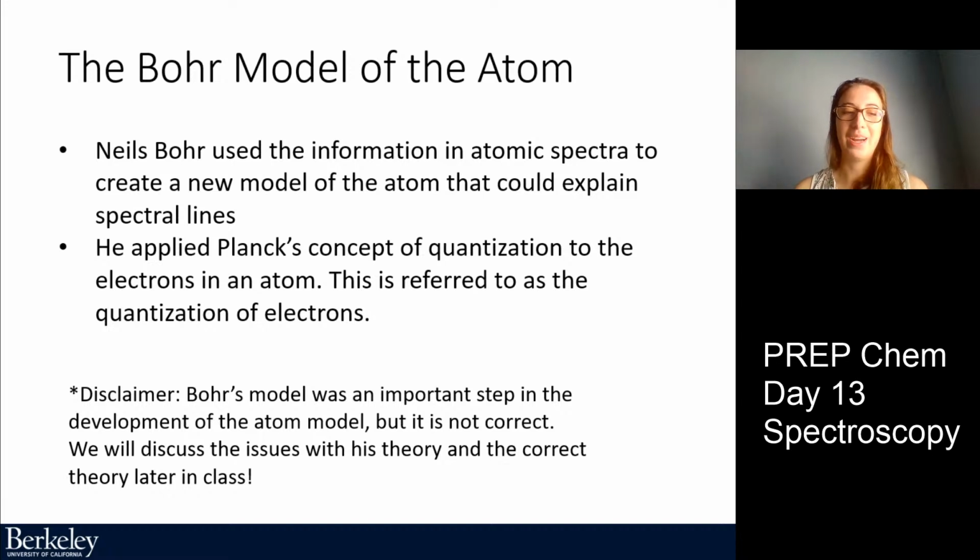Just have that in your mind: Bohr's model is great in some ways, and it's a great simplification to help us learn about these spectra, but it's not the correct model of the atom anymore. The correct model of the atom is all given by quantum mechanics, which is something you will learn quite a lot about in Chemistry 1A.